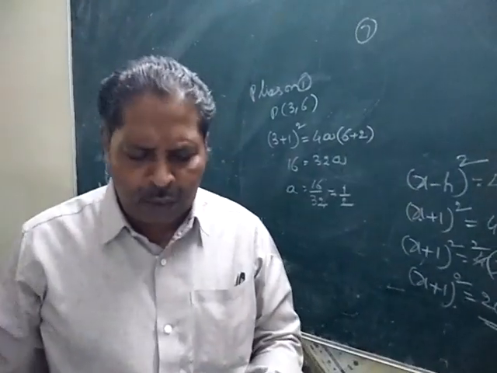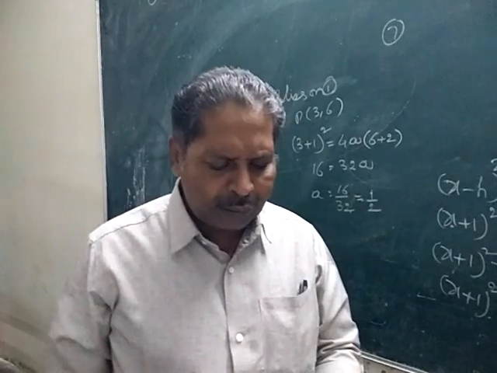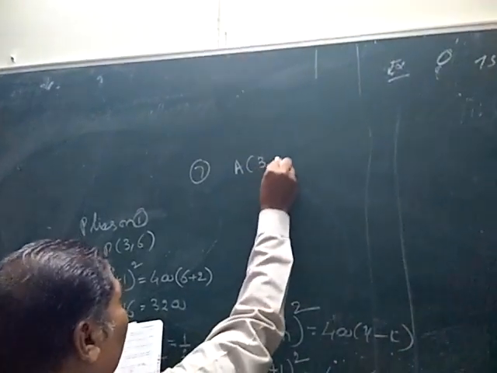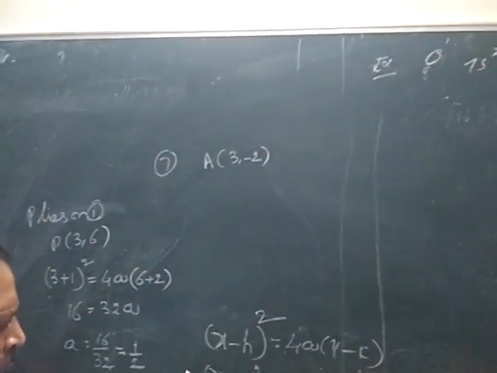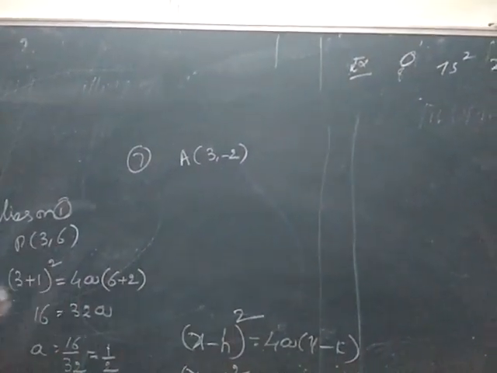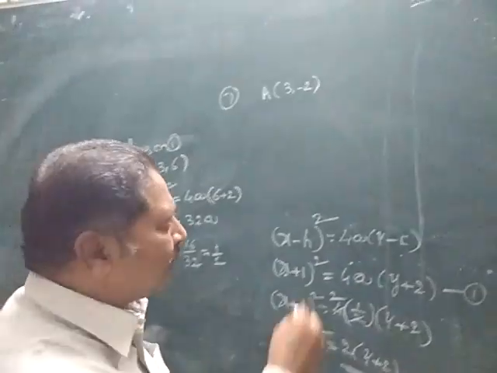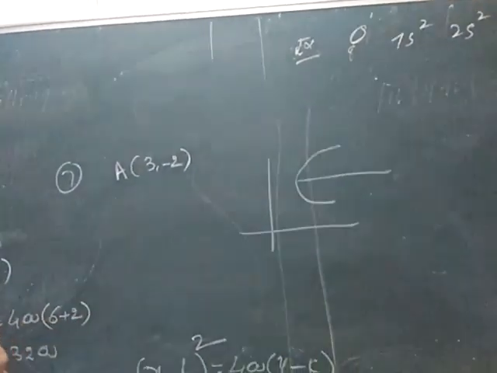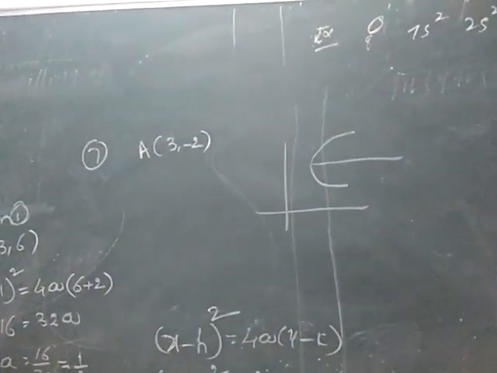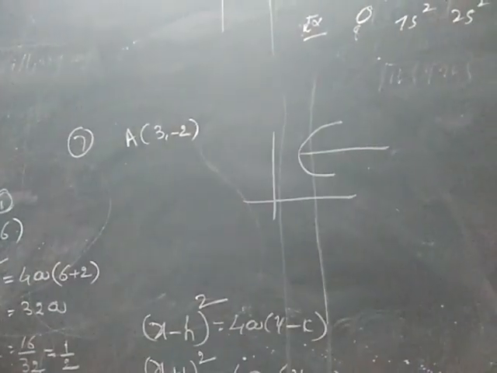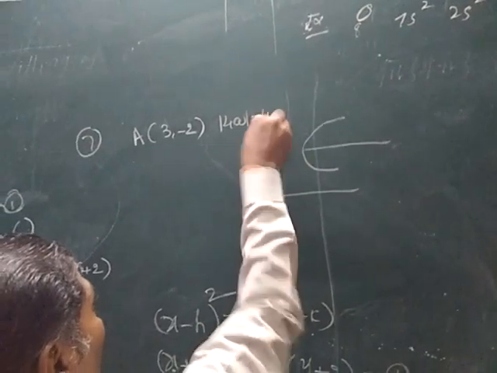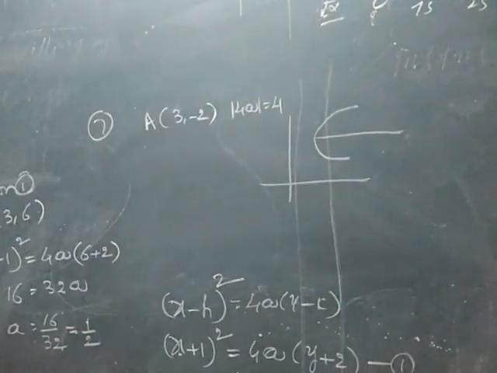Next, parabola whose vertex is (3, minus 2), axis line parallel to x-axis, and length of the latus rectum is 4.